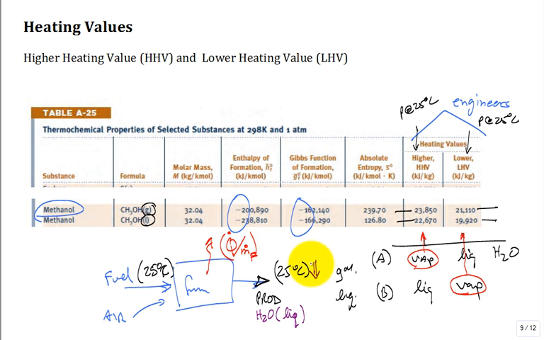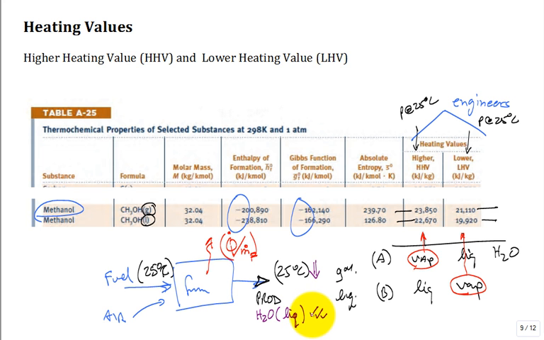Same line of thought. If we say the water goes out liquid or vapor, if I want more pushing of heat out of that furnace, how should the water go out? Condense it. It's going to have to push heat out of the furnace, right? Q dot will be larger if it goes out liquid.